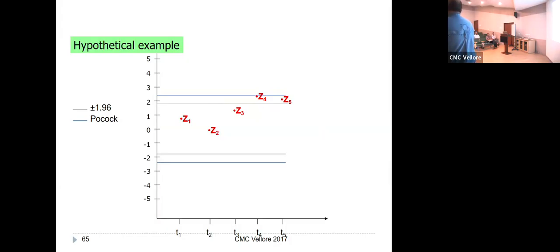"Yes, we got a 2.1 Z value." Yay! She's fantastic. It's greater than 1.96. No. Excuse me. The problem is, we were doing interim testing. We have to adjust for the multiple tests. We're using the Pocock boundary, and it is 2.4. Your 2.1 doesn't cross it, so it's not a statistically significant result.